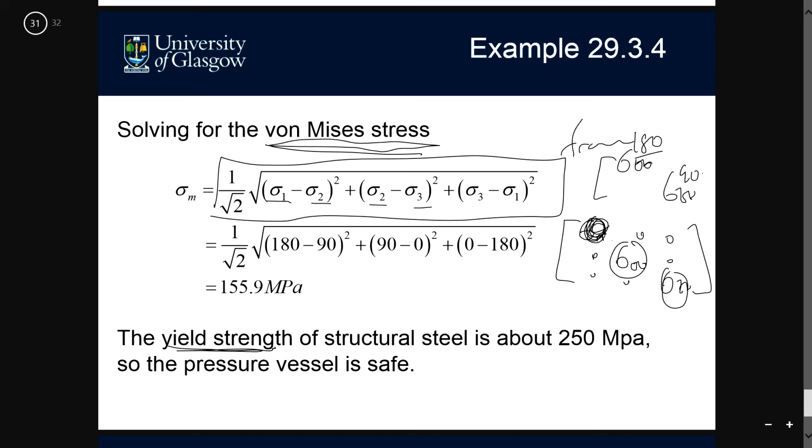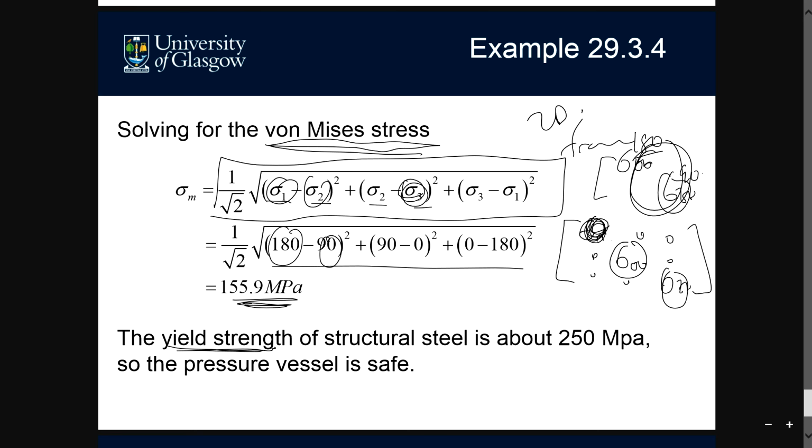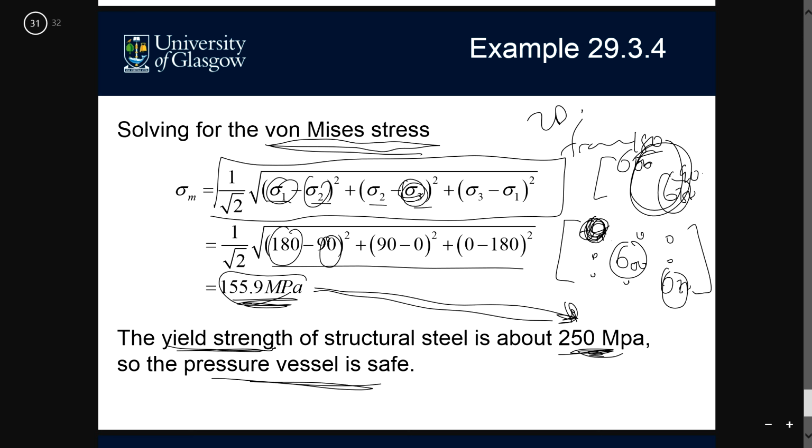So sigma 1 is 180, sigma 2 is 90, and sigma 3 is simply 0, because we're talking about a 2D case for a thin wall. Once you apply the formula, you get this value, and compared to the yield strength of your steel it is smaller. Therefore your pressure vessel is safe.